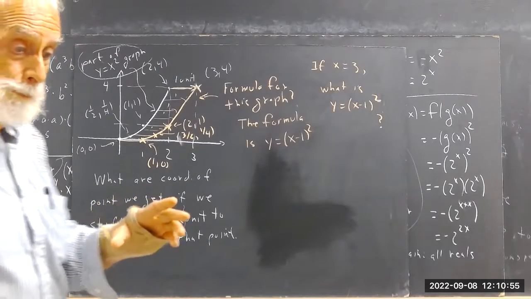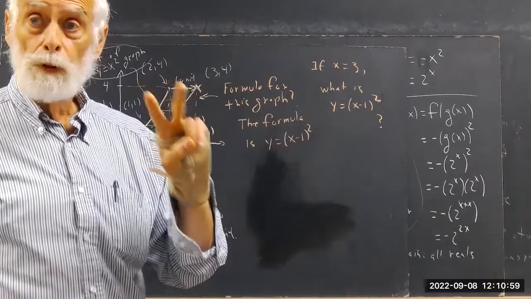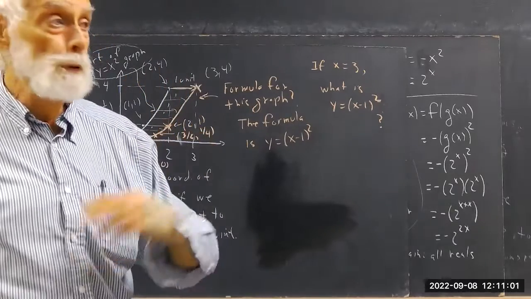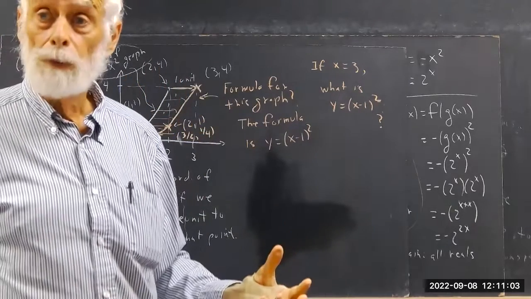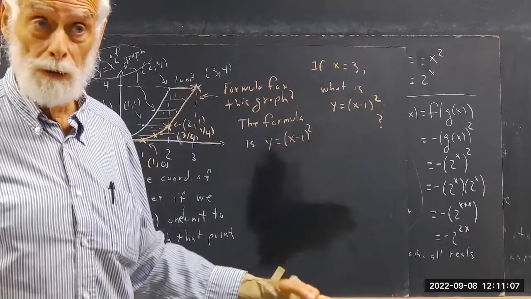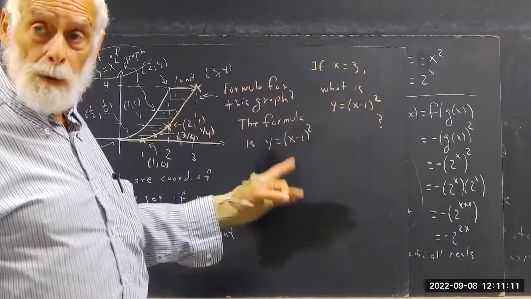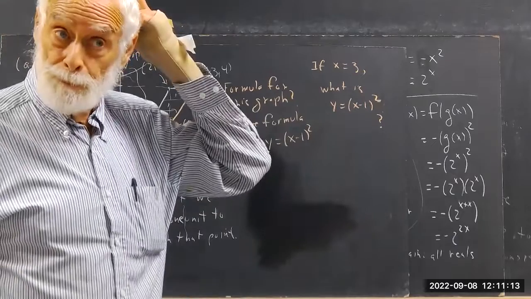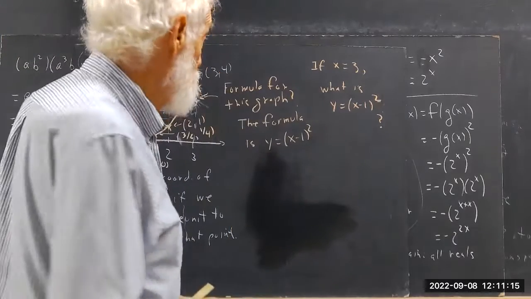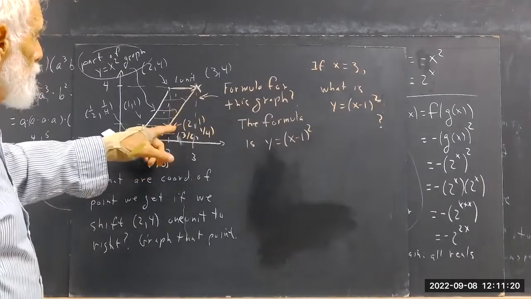And I'll also say, I think I said it last time, there are two things that we do to our basic functions to build the functions that we use for almost everything. That's composites, which we just talked about, and transformations, which we're in the process of talking about. Anyhow, I asked, what's the formula for this graph?